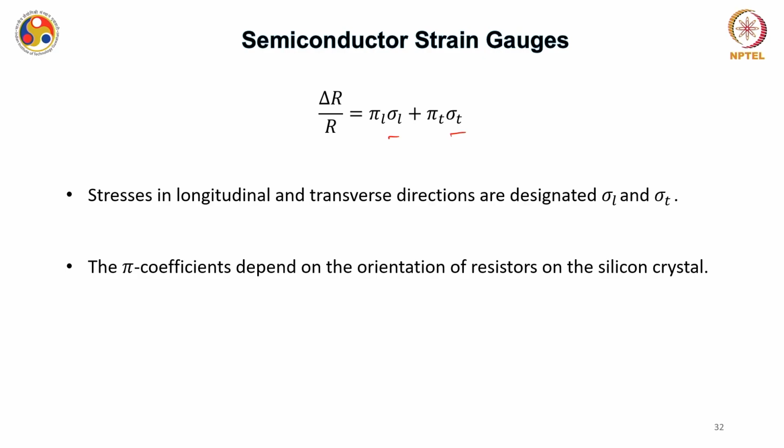So, del R by R is equal to pi L sigma L plus pi T sigma T. I am calling this equation 1.